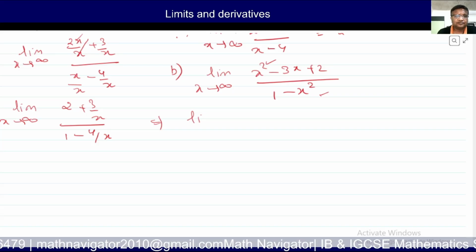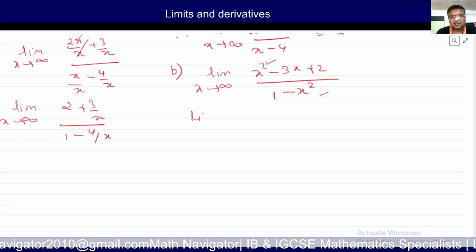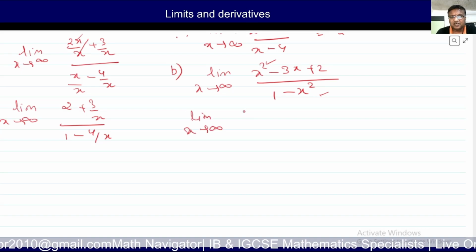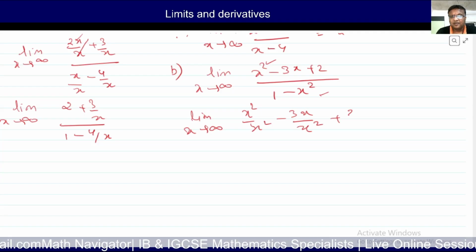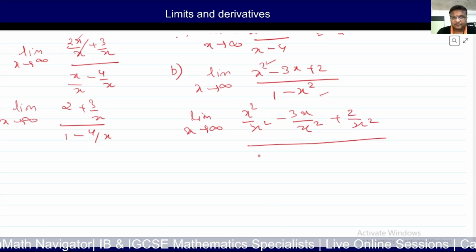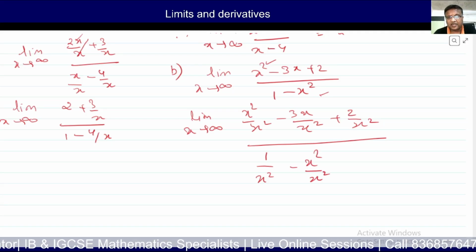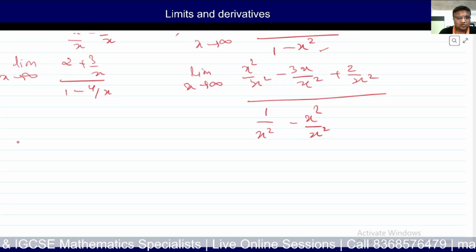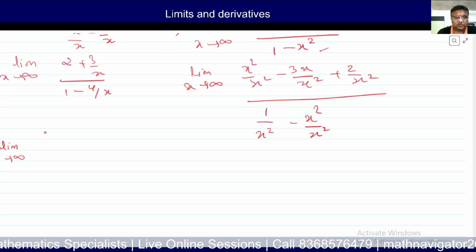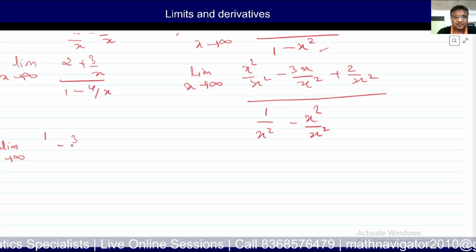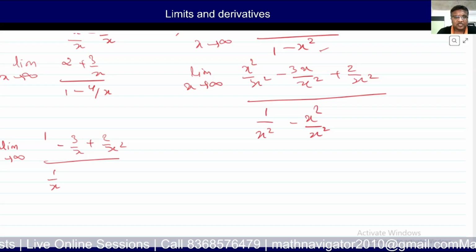So limit x tends to infinity, x squared by x squared minus 3x by x squared plus 2 by x squared, over 1 over x squared minus x squared over x squared. So let's see what I'm getting. Limit x tends to infinity: x squared by x squared is 1, minus 3 by x plus 2 by x squared, divided by 1 by x squared minus 1.